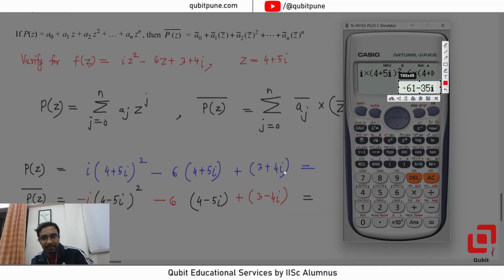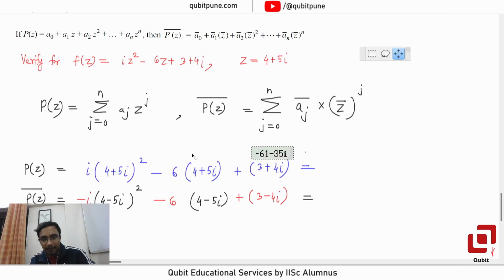Now, if we take the complex conjugate of this, it will be negative 61 plus 35i. That is the answer that we are expecting from p of z the whole bar.